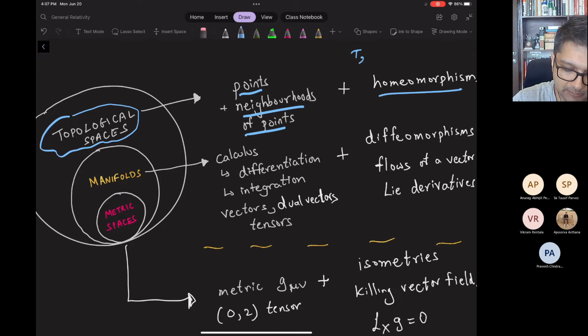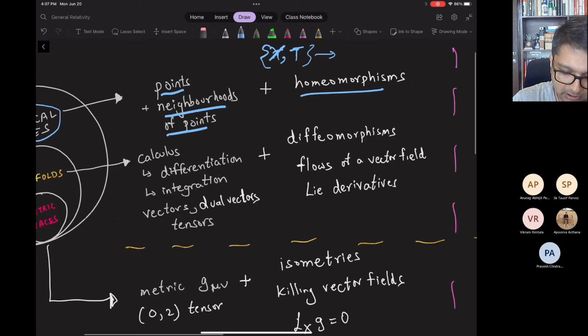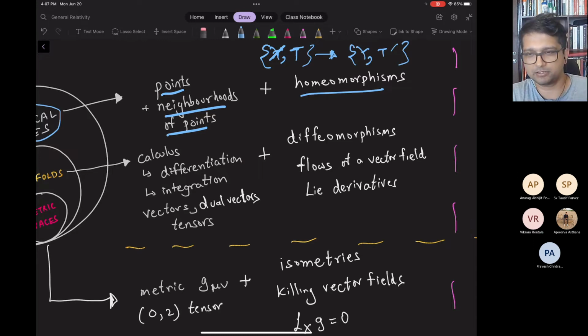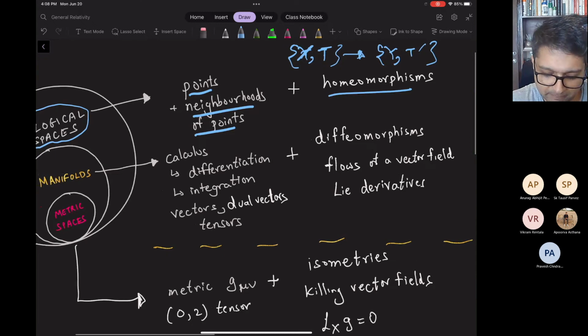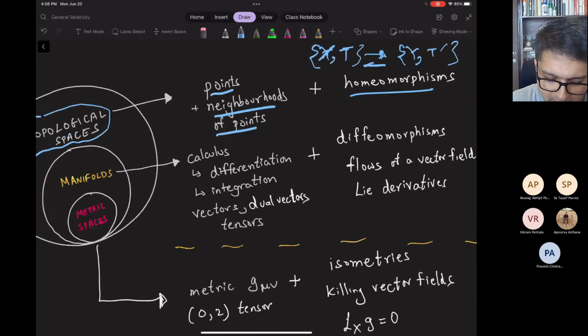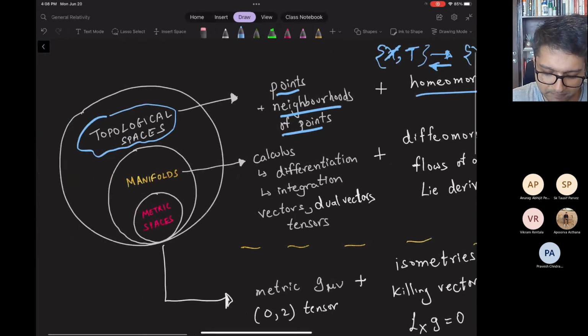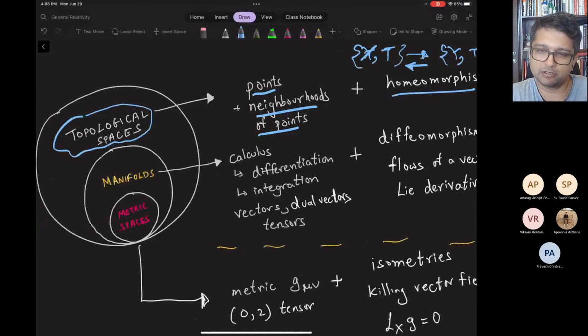So if I have a topological space X with a topology given by T, which is a collection of open subsets, and I map it to another topological space Y with T prime, then it's a continuous map if open sets of T get mapped to open sets of T prime. And if this map is invertible, then it's called a homeomorphism. And this map is based on the notion of continuity of the map.